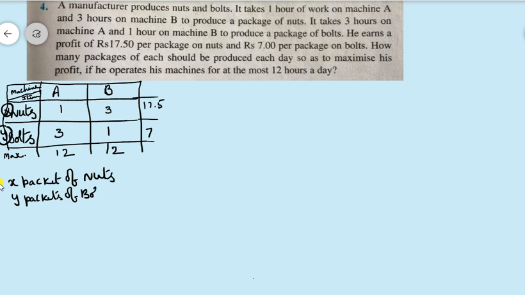He is manufacturing X packets of nuts and Y packets of bolts per day. That I am assuming. Tell me, X greater than or equal to 0, Y also greater than or equal to 0, because the number of packets of nuts and number of packets of bolts is always greater than or equal to 0.